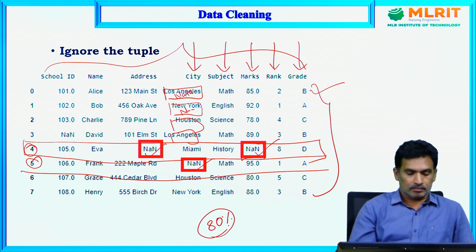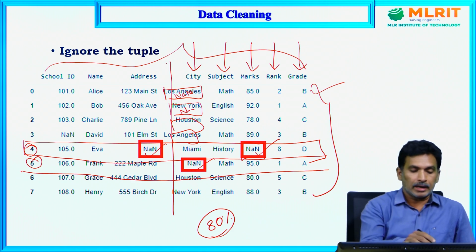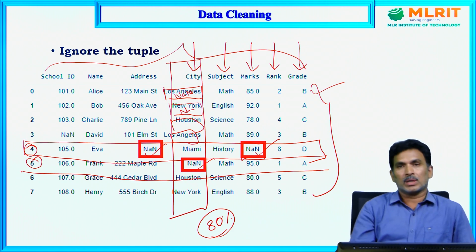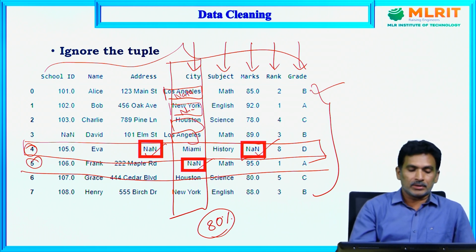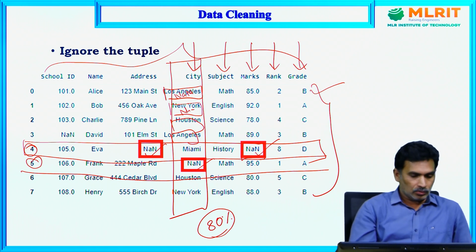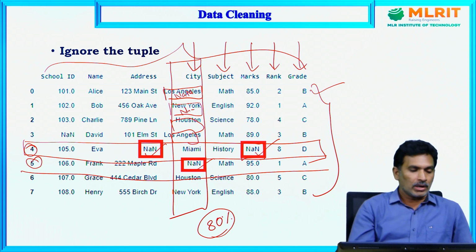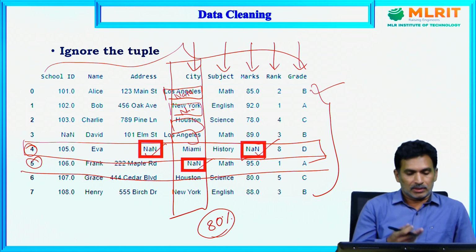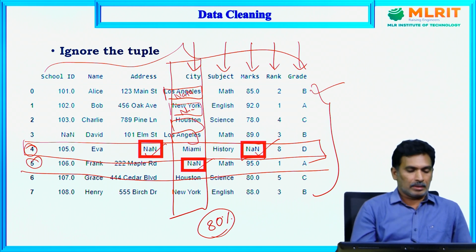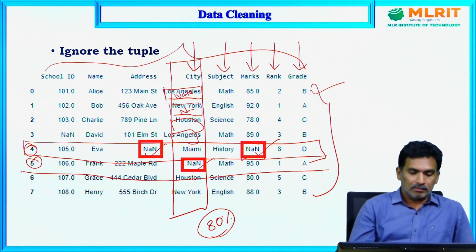In that case, you can simply remove this entire column, because 80% is most significant, so it is better to remove the entire column. Like that, we will decide what needs to be done. If you want to ignore the tuples, you have to check beforehand whether the records have many missing values, or whether any specific column has many missing values. Accordingly, we will proceed.